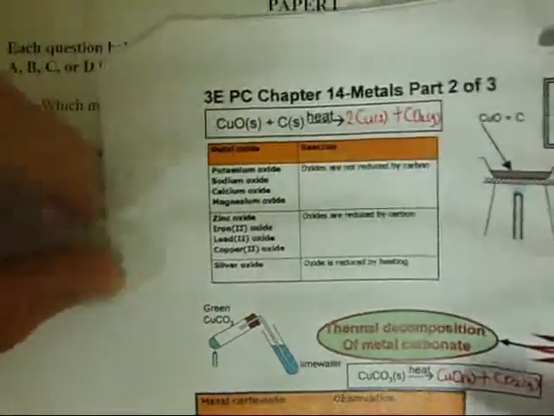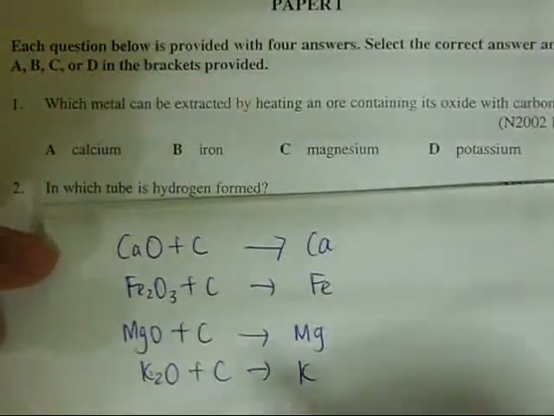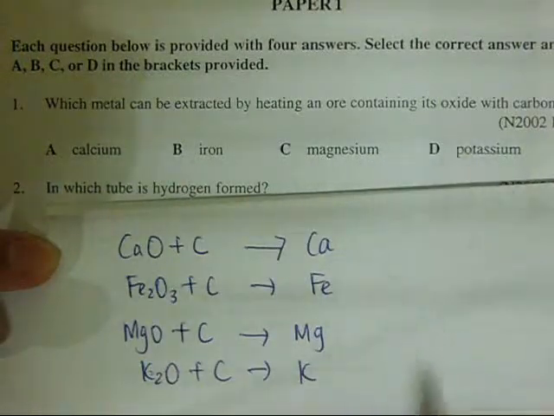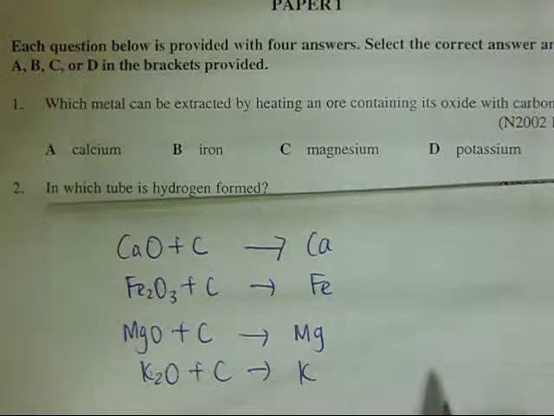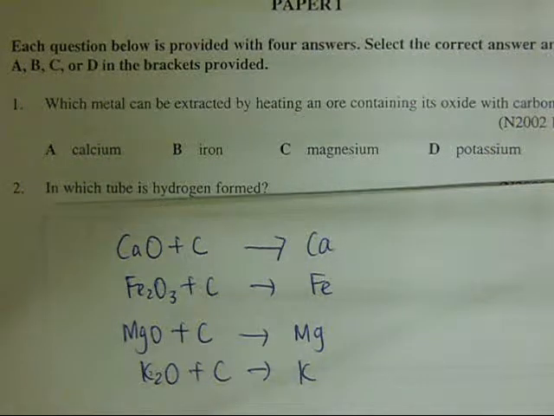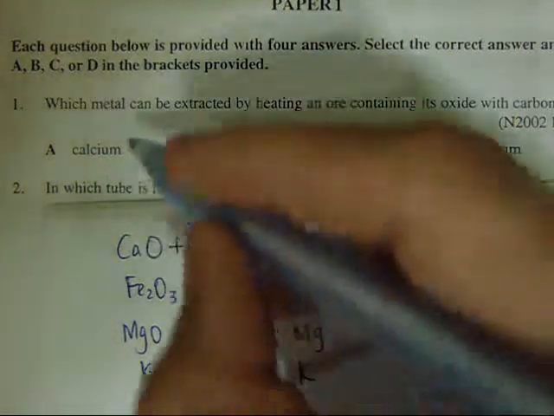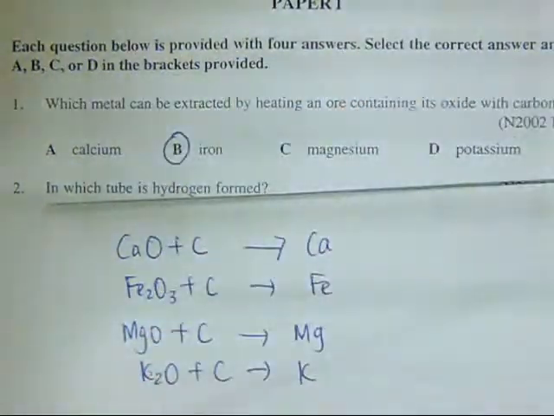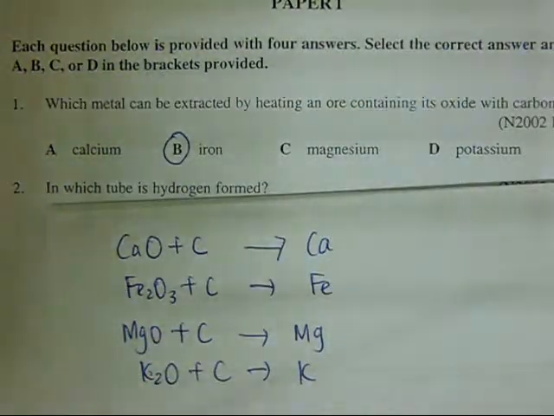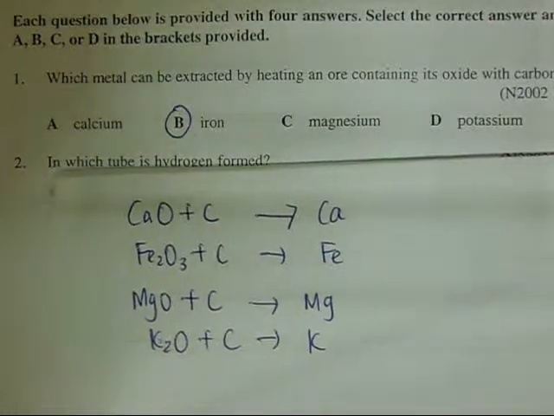So of all the choices, calcium, magnesium, potassium are among the top four. So the only metal that can be extracted by heating an ore containing its oxide with carbon would be iron. So this question actually is taken straight out from the Mindmap.